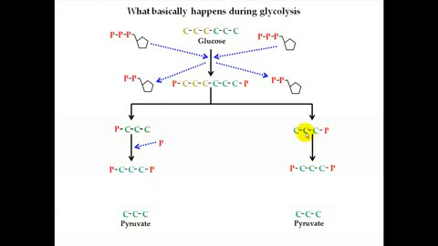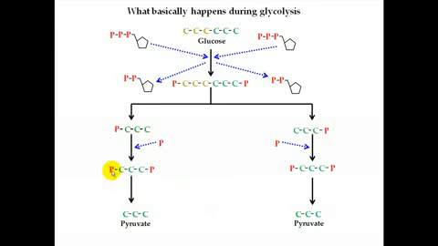So the same thing here. This 3-carbon molecule acquires another phosphate as a result of an inorganic phosphate joining the fray. And so then what happens to these 3-carbon molecules next is that the phosphates are stripped away from them in order to produce pyruvate. The phosphate groups that are taken off are added on to an ADP molecule to produce ATP.